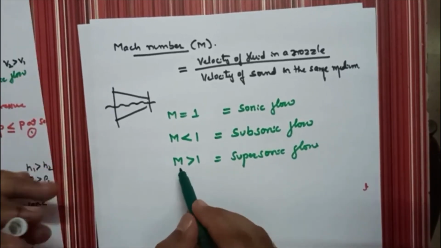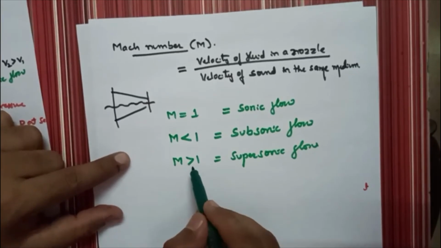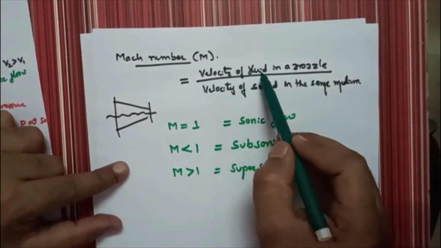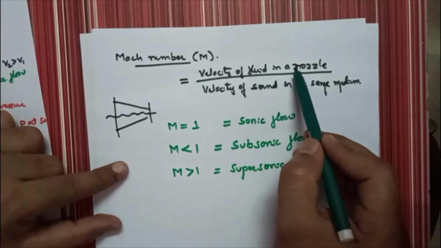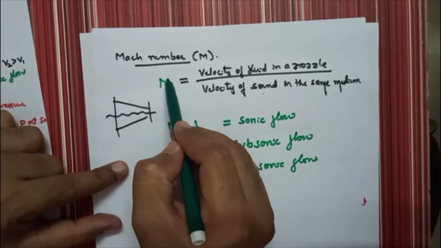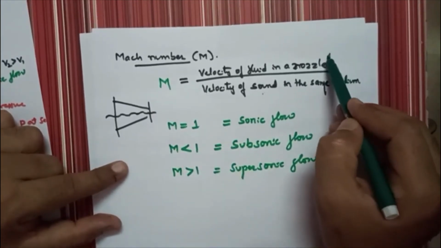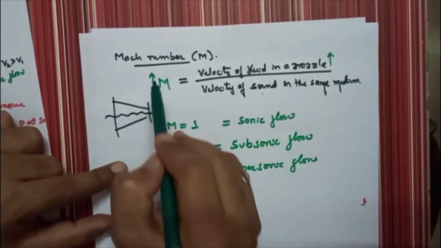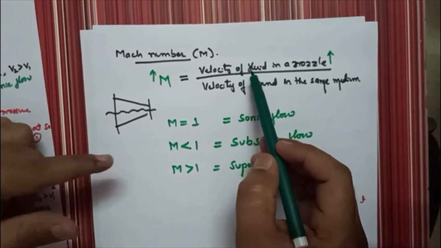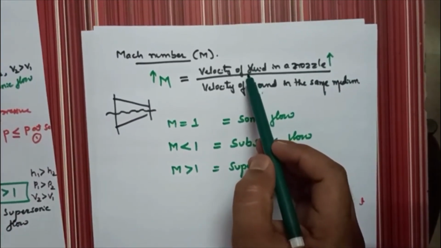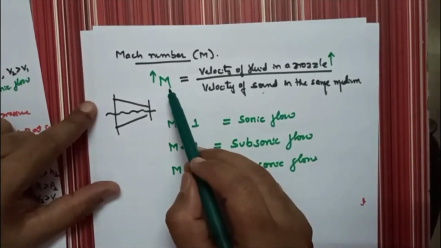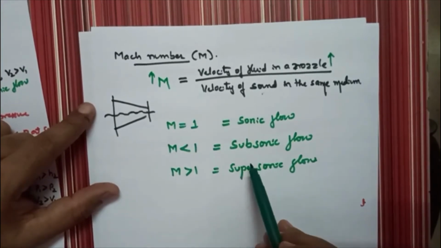When the value of M is greater than 1, it means the velocity of the particular fluid in the nozzle is more than the velocity of sound. If the numerator is more, then M will be more. So if the velocity of the fluid, whether steam, gas or water, is more than the velocity of sound, then Mach number will be greater than 1, and it is called supersonic flow.